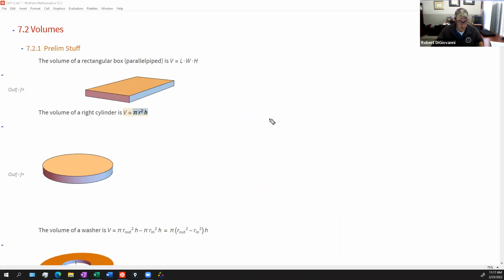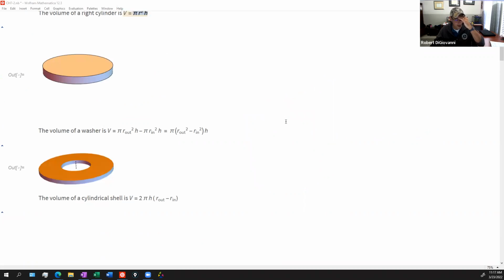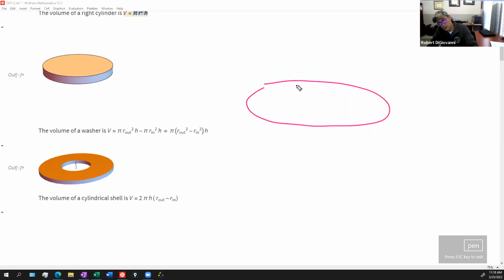The other thing we need to know is how to find the volume of a washer, which is basically a cylinder that has a cylinder cut out of the center of it. So I'm going to do a drawing here for us. So we have this big cylinder, right?